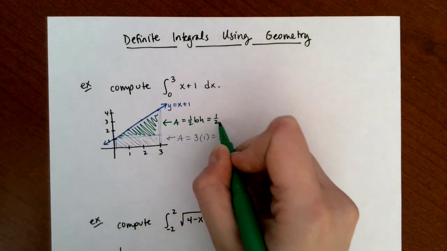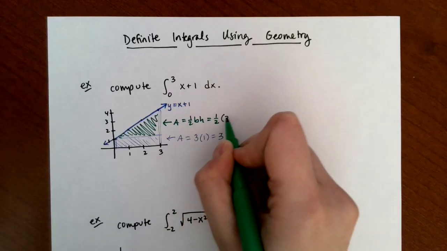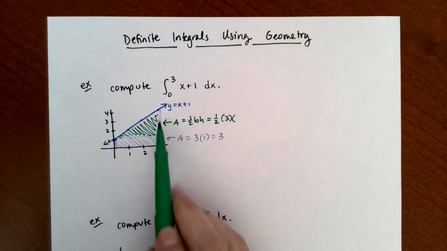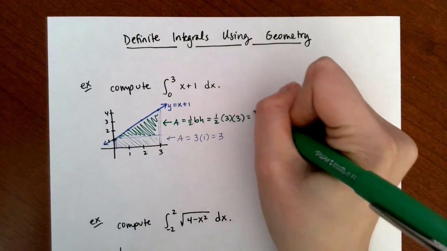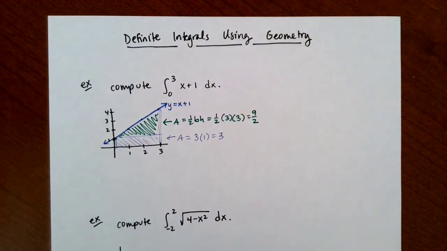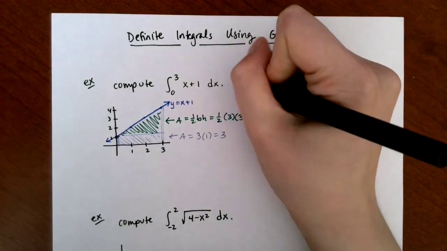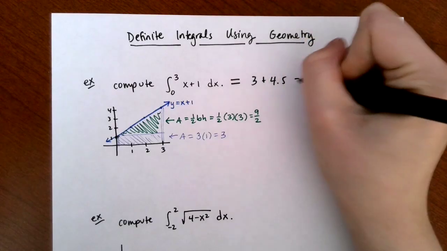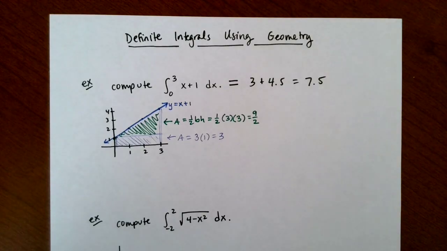So that would be 1/2, base of this guy is 3. And then the vertical height goes from 1 to 4, so the vertical height is also 3. And we get 9 over 2, which is 4.5. So that means our integral is equal to 3 plus 4.5, which is 7.5, or you could do this as fractions, and that would be 15 over 2.